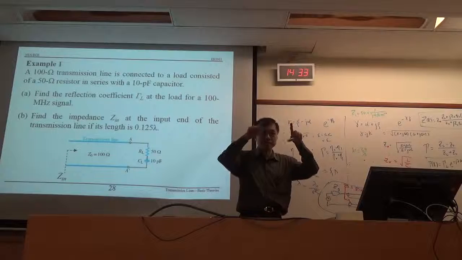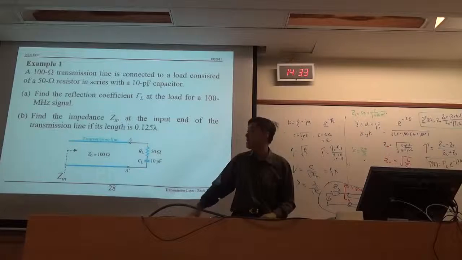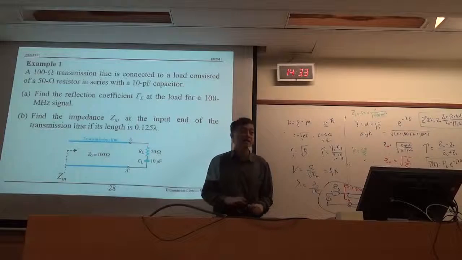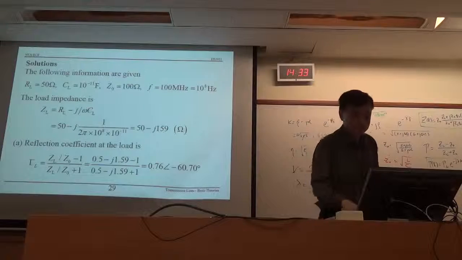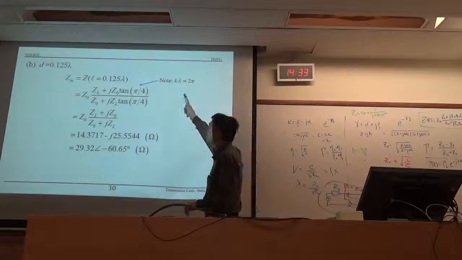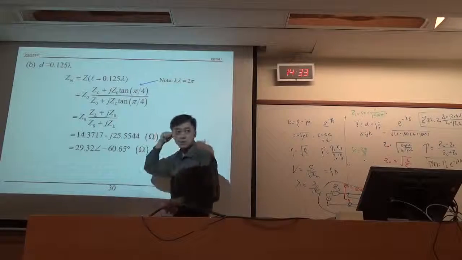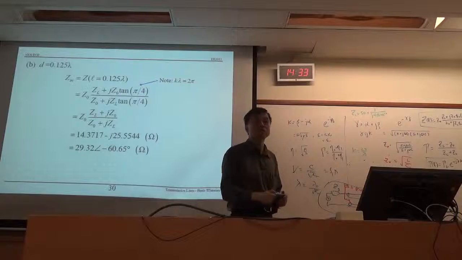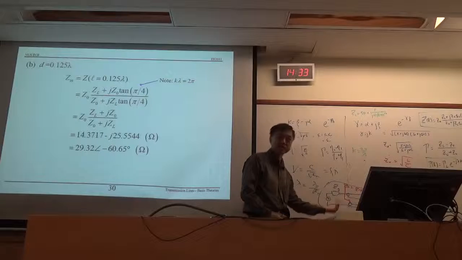If you see air-cored, air-filled, air whatever, then you can assume that the wavelength is the free space wavelength. Otherwise, you cannot. So you substitute inside here and just do the derivation. This is half of the application, from this side to this side.